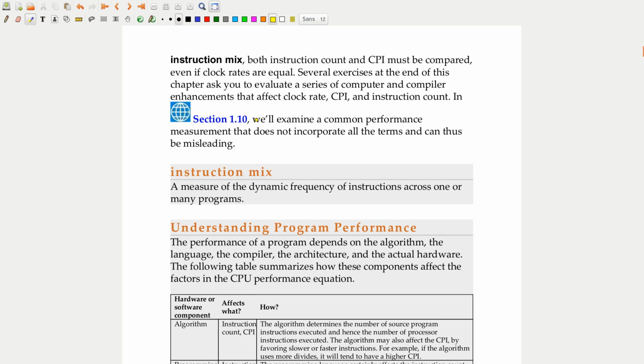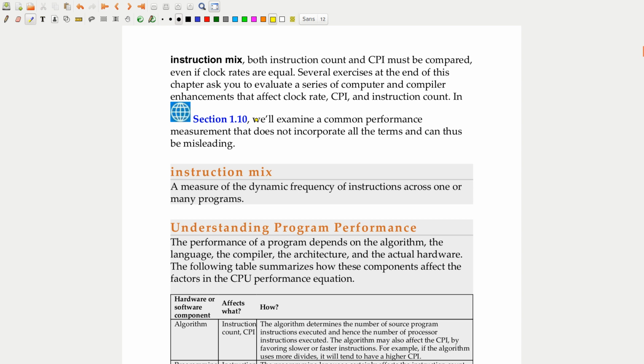Or let's say something more realistic: 50% arithmetic instructions, but only 10% loads and 10% stores, so we're at 70, and then 30% branches, right? If we were to focus on loads and stores, that's only 20% of all instructions.